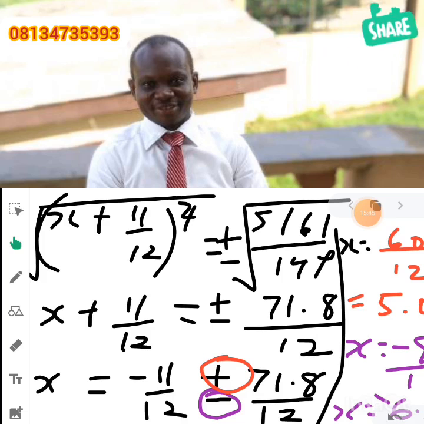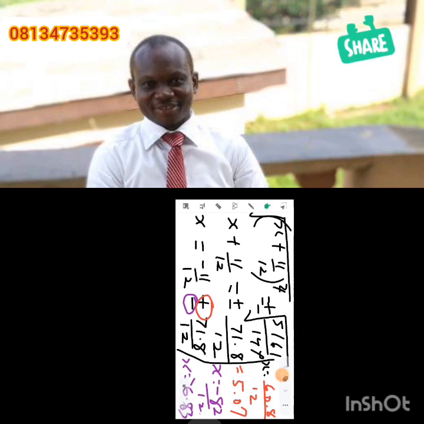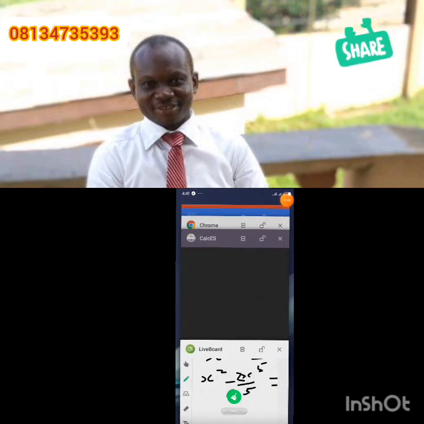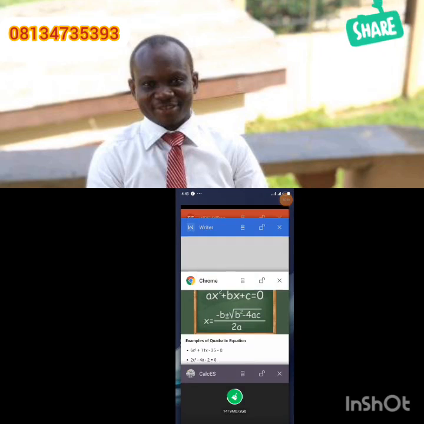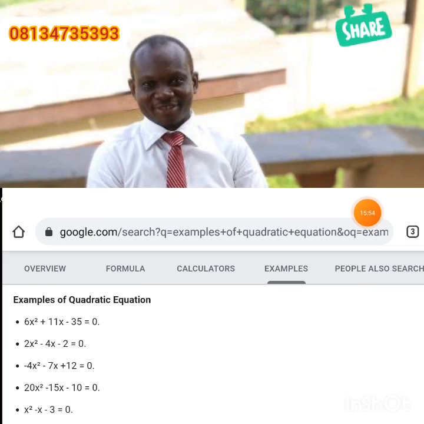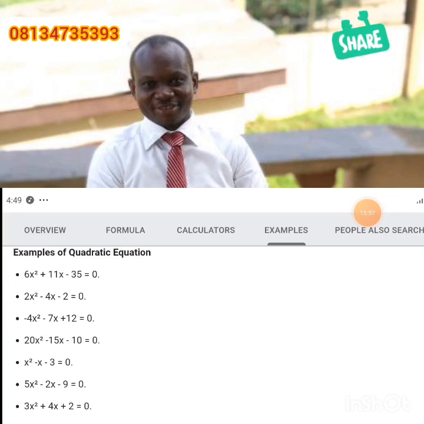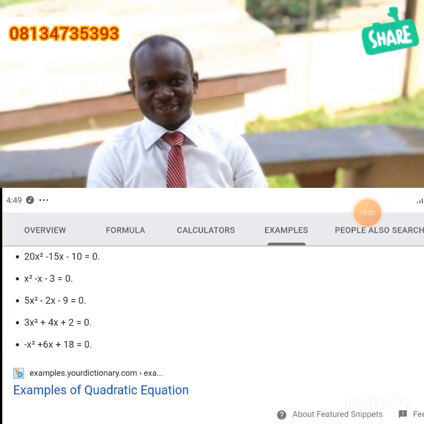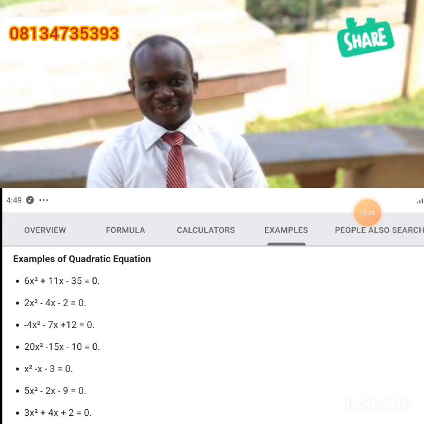So let me see if I can give a third example. I'd like to start with a negative value now. We have minus 4x squared minus 7x plus 12 equal to 0, which is number 3 here.